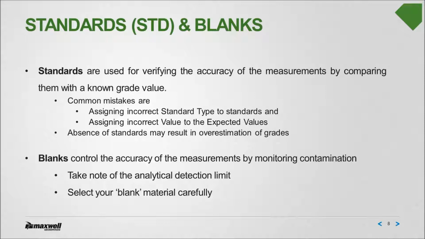When it's below detection limit, we might have up and down charts, but everything's below detection. But because we replace it with a number, it will give us a different chart. So we have to make note of the analytical detection limit. We need to carefully select our blank materials as well, so that it would be representative.